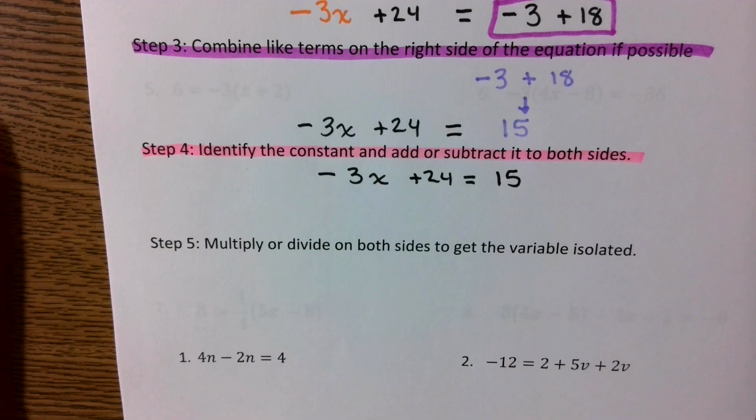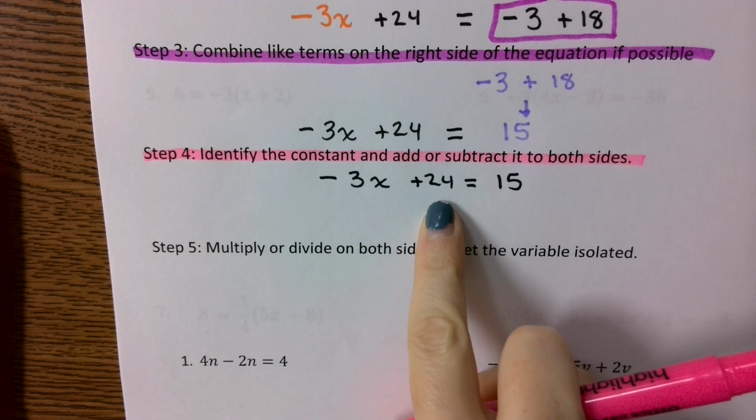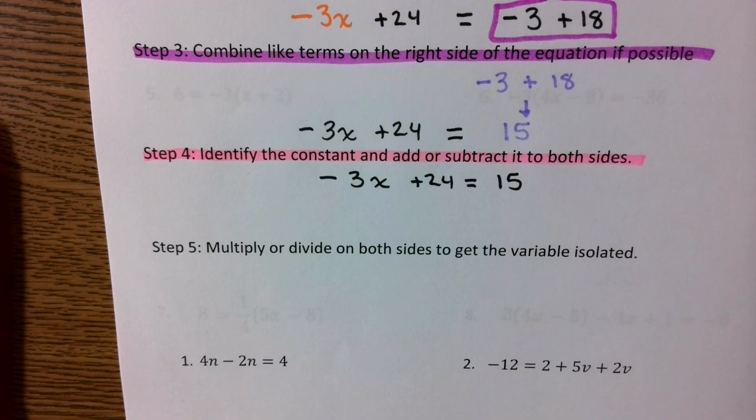Now, I had one student yesterday who said, but there's two constants. They said 24 is a constant, but so is 15. So which constant am I talking about then? If I'm trying to focus on isolation, which constant am I moving? Am I getting rid of? Jeremy? 24.